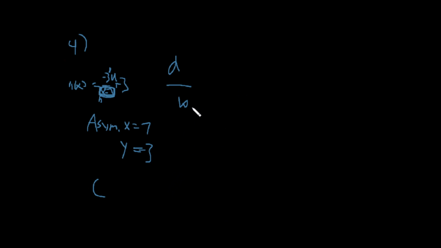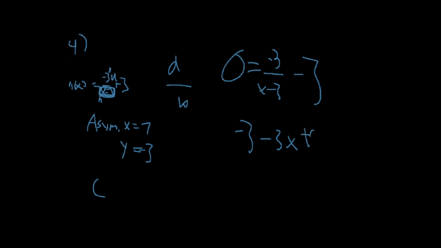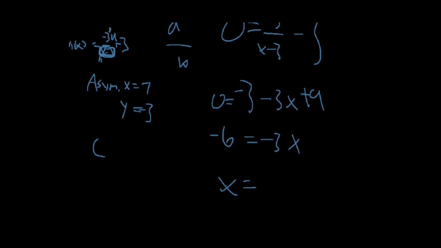So 0 equals 3 over x minus 7 minus 3 times x minus 3, so it's minus 3 minus 3x plus 9 equals 0, and so minus 6 equals minus 3x, and x equals 2.